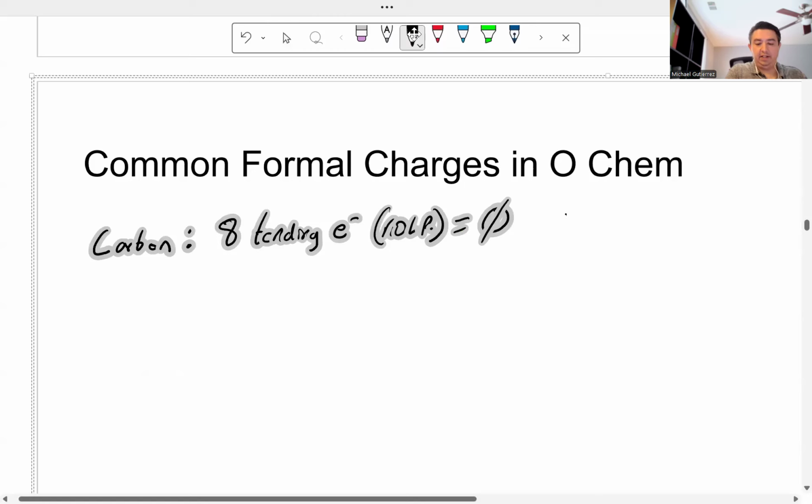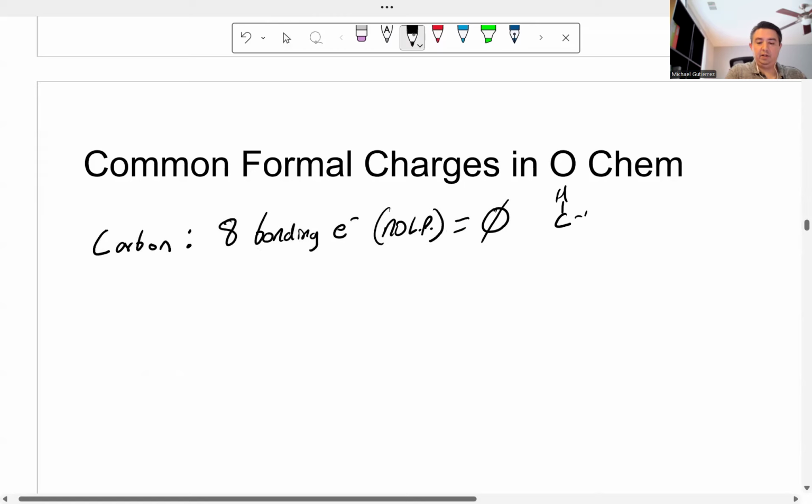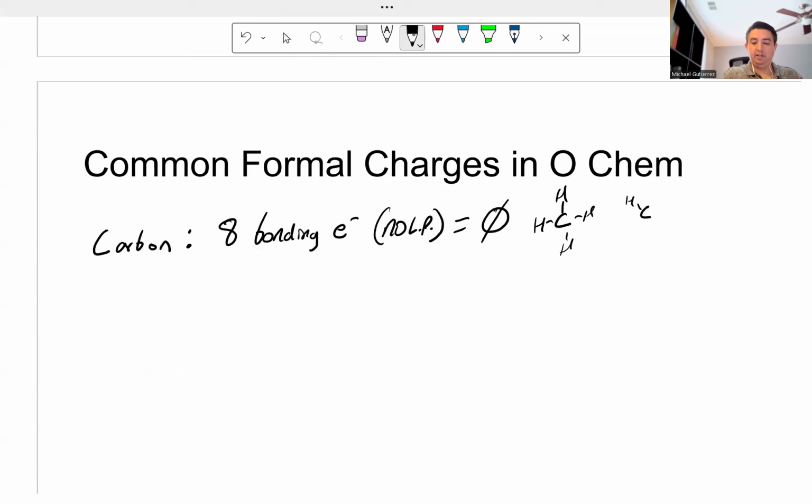So just like an example of that, here's a carbon that's got 8 bonding electrons around it. Its formal charge is always 0. Or something like this. These carbons all have 8 bonding electrons around them. So its formal charge is 0. Don't have to do a calculation. You know it fits that trend. So it's got to have a formal charge of 0.